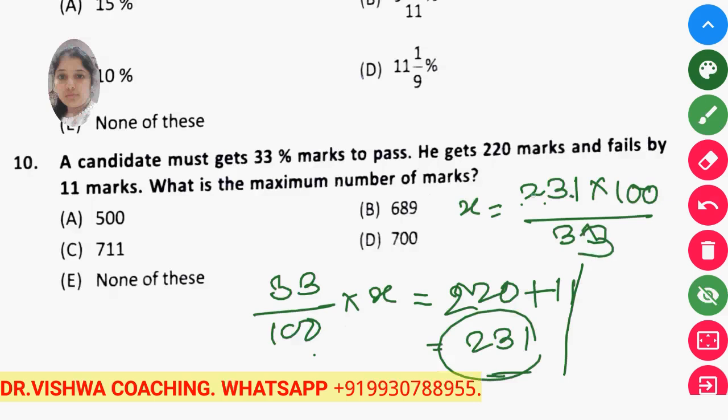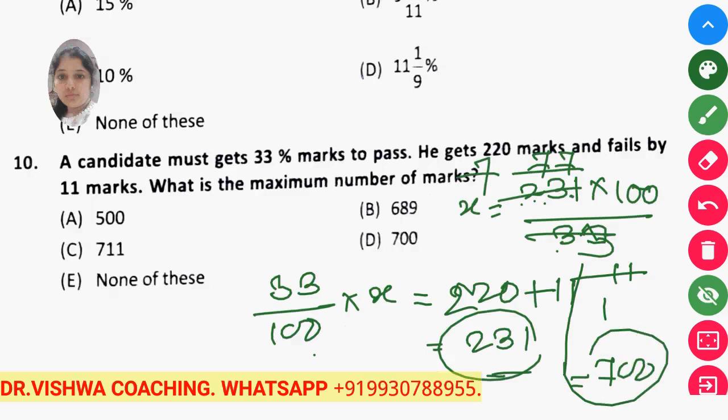Because the sum of its digits is divisible by 3. Okay. Now 11 3s are 33, or we will first divide it by 3. So 3 7s are 21, and we got the value as 11. So 11 1s are 11 and 11 7s are 77. So your answer is 700.